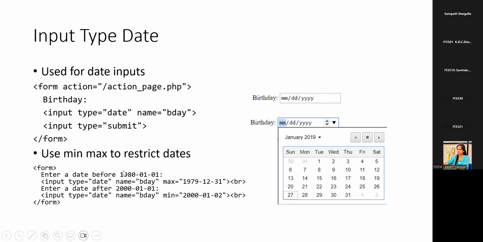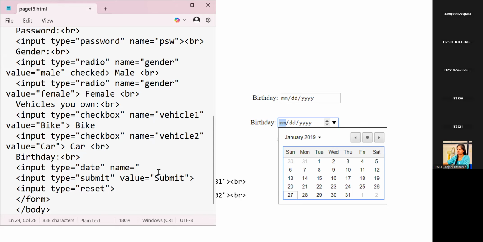So that's what we have used, right? We have birthday, BD. And that's enough. Well, there are many others, but for the time being, I'm going to select this, save, and then go back.